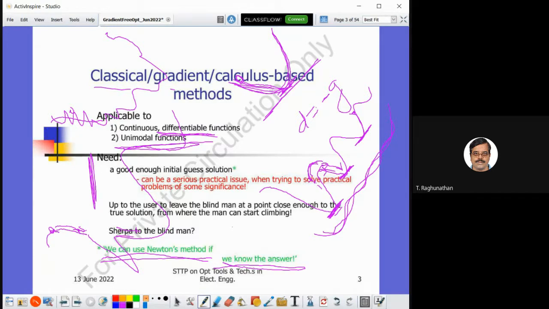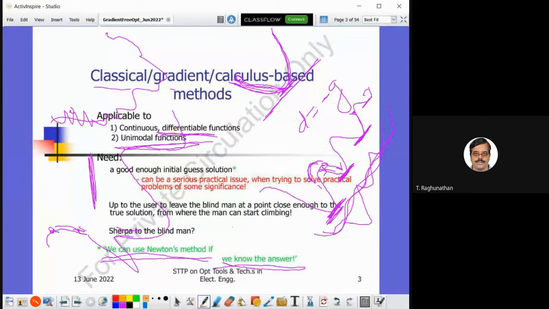Sometimes we'll get this minimizer, sometimes maybe this, sometimes this, sometimes this. The minimizers that we got by applying these methods with different initial starting points, we note all of them, then we compare, and we try to find which is the global minimizer, right?